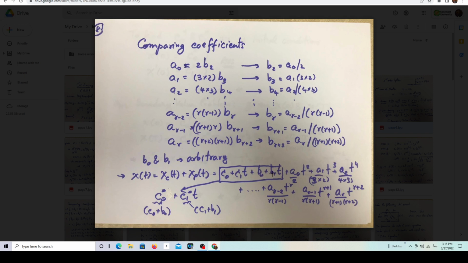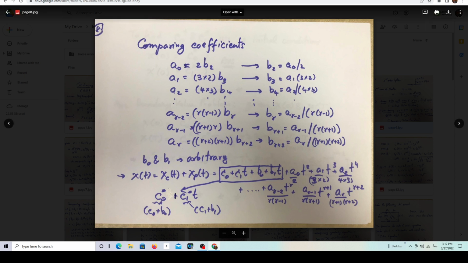Since b0 and b sub 1 can be anything, you can move these two terms, combining them so that c sub 0 star becomes c sub 0 plus b sub 0, and c sub 1 star becomes c sub 1 plus b sub 1, and combine them into an integrated part here. And since it's very easy to substitute, I just substitute b sub 2, b sub 3, b sub 4 up to b sub r plus 2 for given a sub 0, a sub 1 up to a sub r.